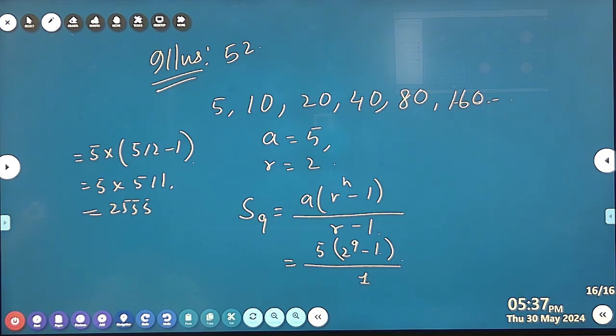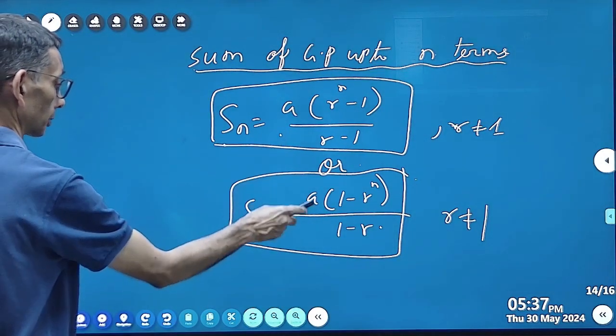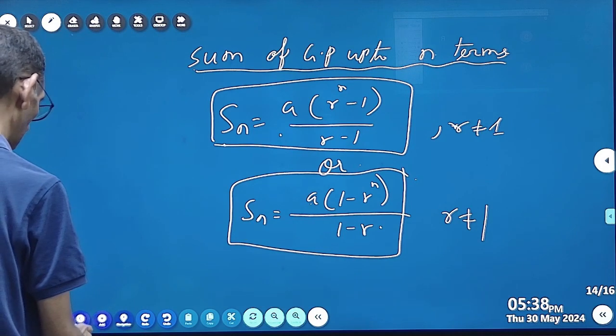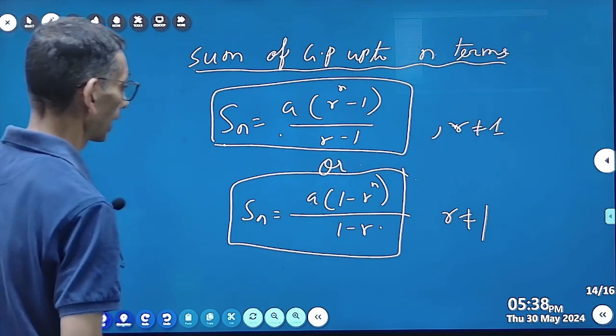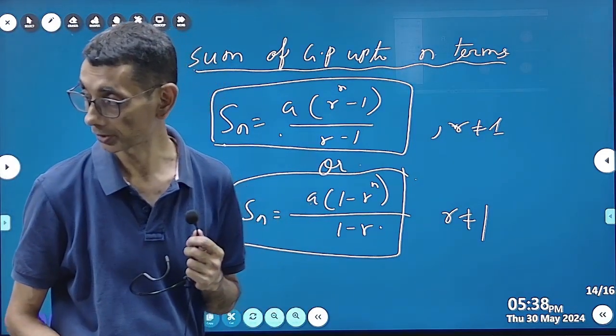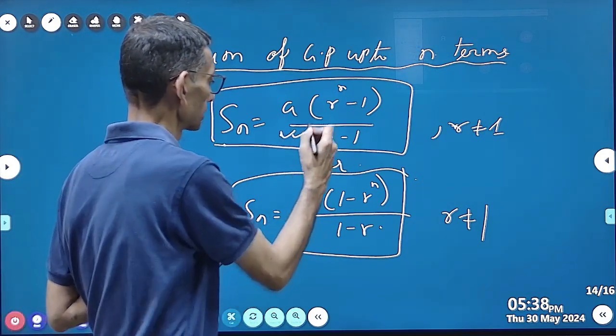Okay, understood? If you use the other formula, it will also be the same. Normally, if the value of r is greater than 1, r is not a fraction, then generally we use this formula.